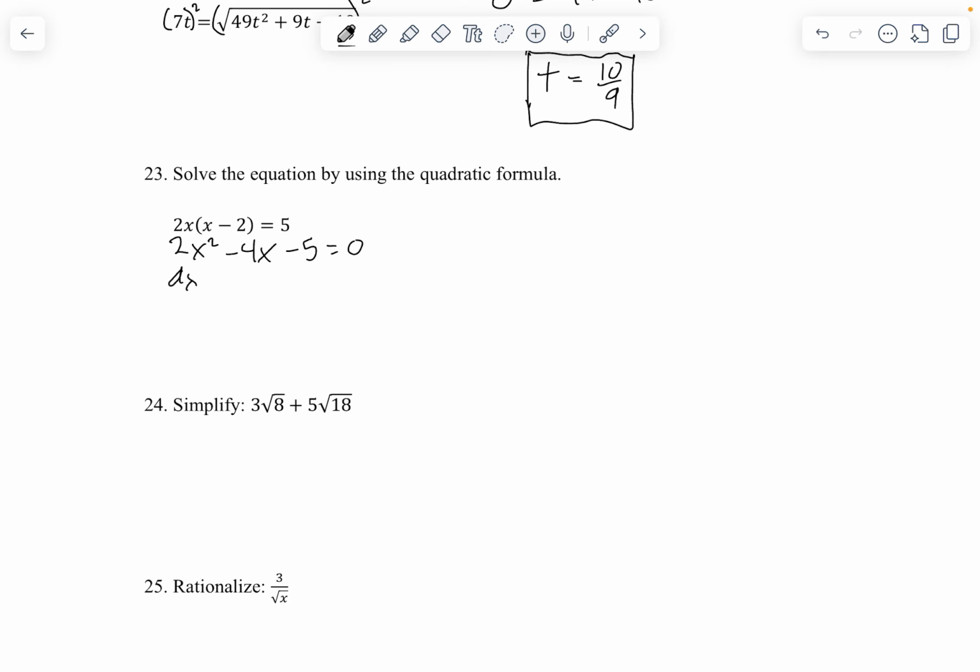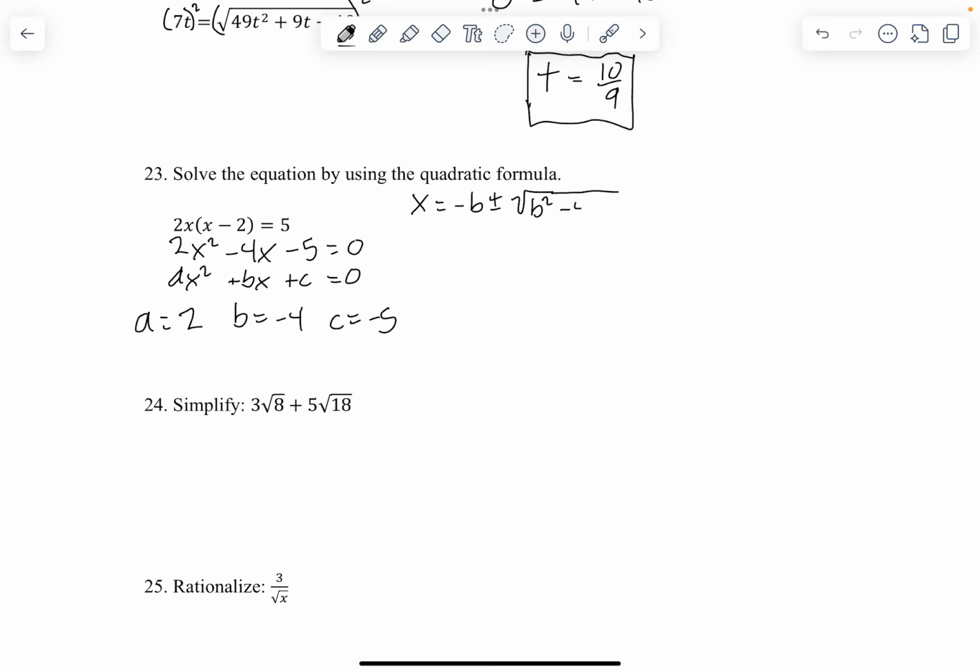Standard form looks like ax squared plus bx plus c equals 0. That means that a, in this case, is equal to 2, b is equal to negative 4, c is equal to negative 5. The quadratic formula says that x equals negative b plus or minus the square root of b squared minus 4ac all over 2a.